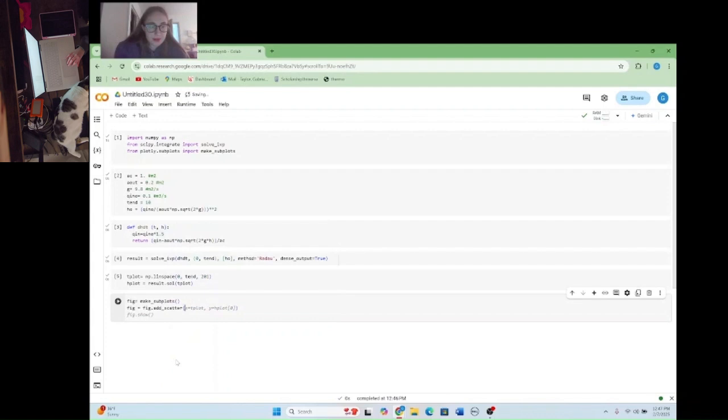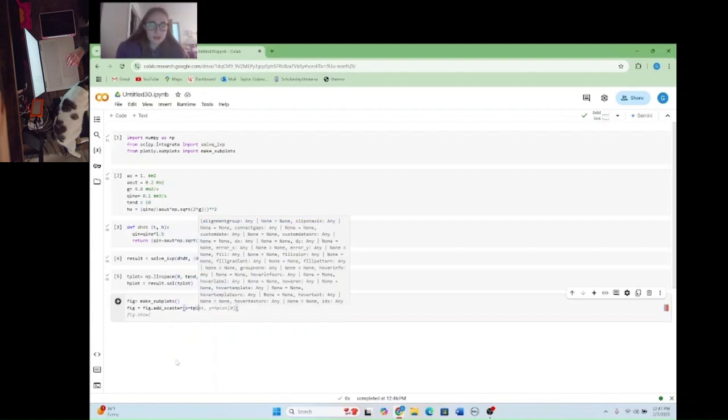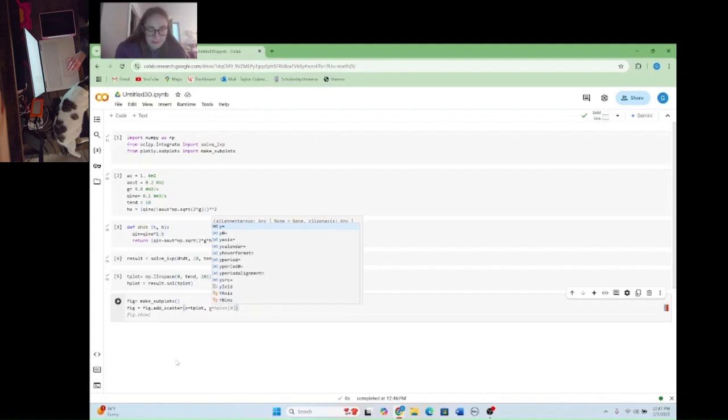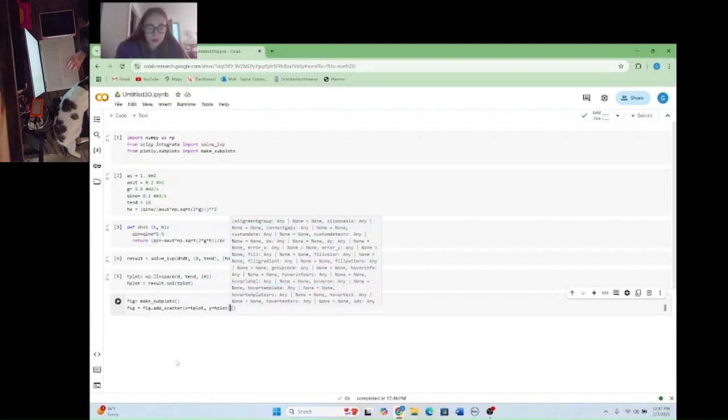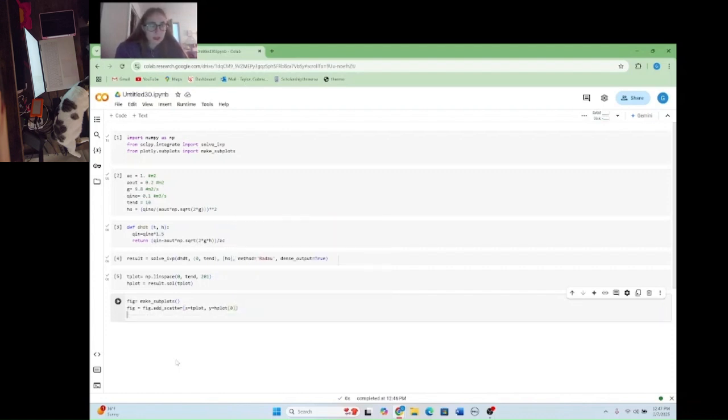So we're going to make a scatter plot, and we're going to have our x be our t-plot, and then our y being our h-plot. And then we want to have 0, right? Okay, and then we're just going to do fig dot update.